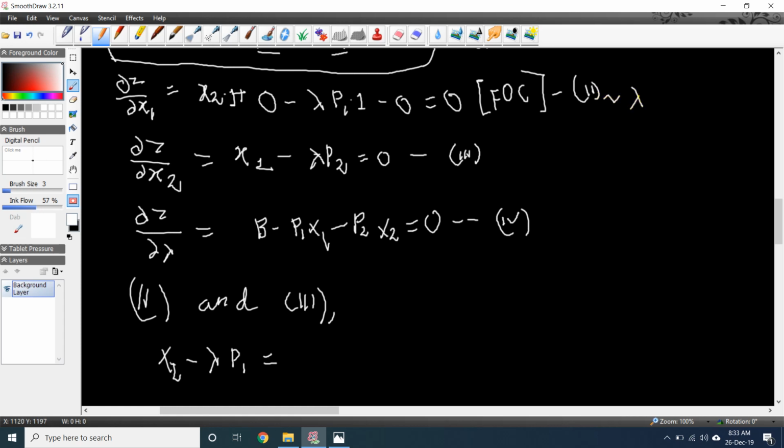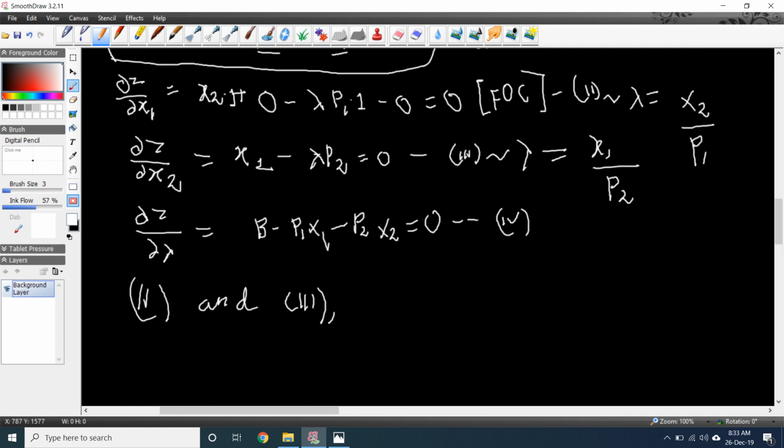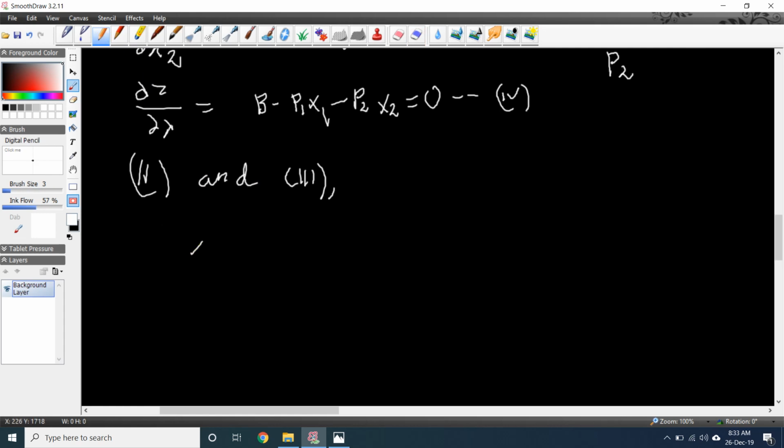From equation 2 we get lambda equals x2 by p1, and from equation 3, lambda equals x1 divided by p2. Equating these two lambdas, we get x2 by p1 equals x1 by p2.